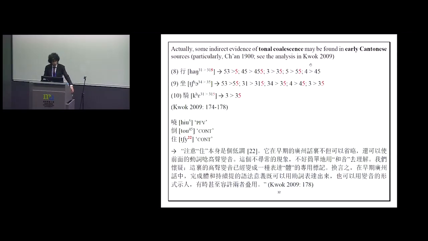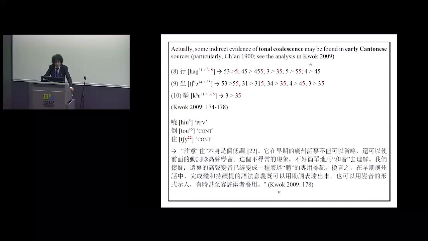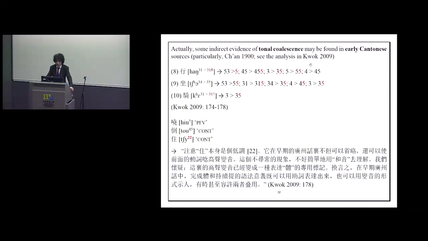Although, actually, some indirect evidence, at least for tonal coalescence, may be found if you look at the early Cantonese sources. Particularly, this is data that comes from an article from the turn of the 20th century, which has been cited by Professor Go Bitsi, where they describe phenomena of tone change in Cantonese. So we are really at the beginning of the 20th century, and what they show is that you have all these patterns by which verbs can have a changed tone.